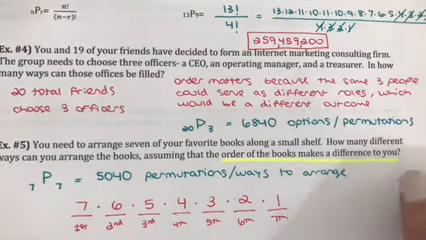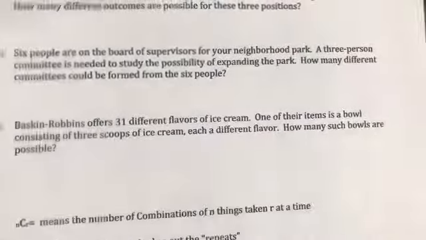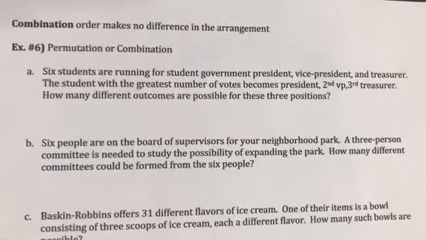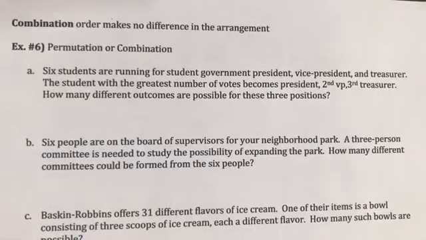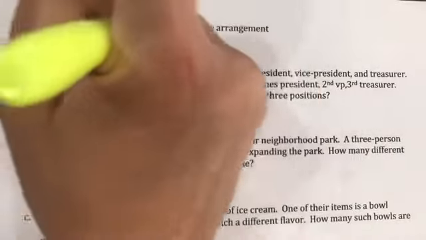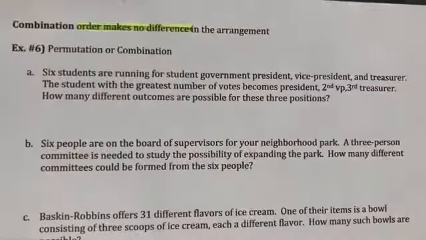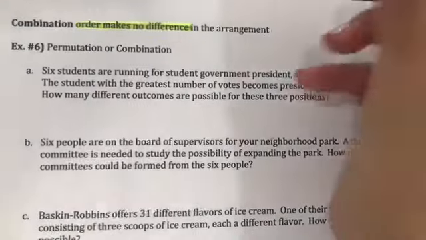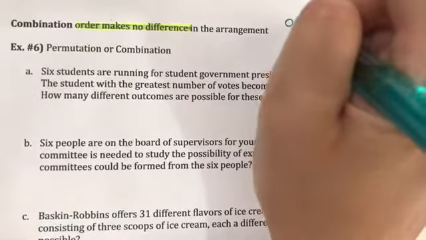All right, let's jump to the second page. Our other type of process is called a combination. So a combination, order makes no difference in the arrangement, okay? So I'm gonna write order doesn't matter.